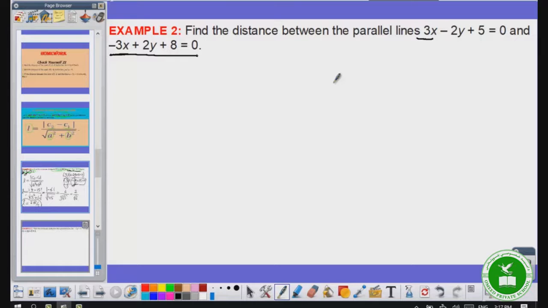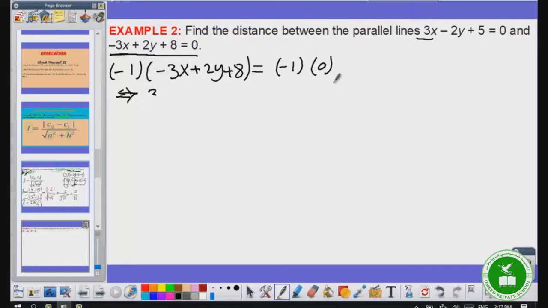If we multiply both sides by minus 1, minus 3x plus 2y plus 8 equal to minus 1 into 0. Here it becomes 3x minus 2y minus 8 equal to 0.